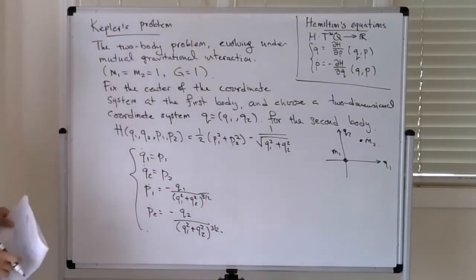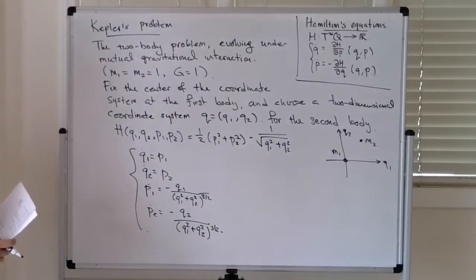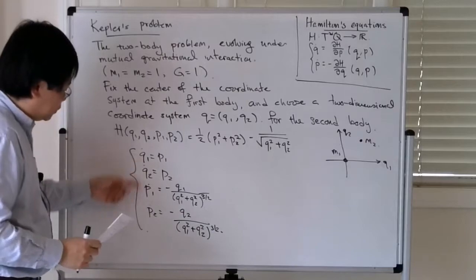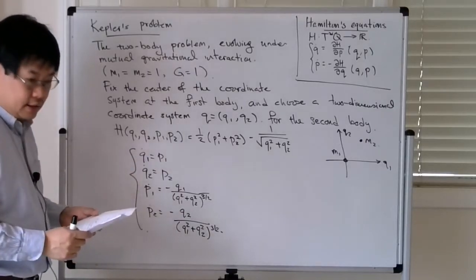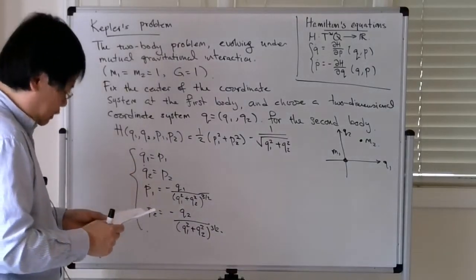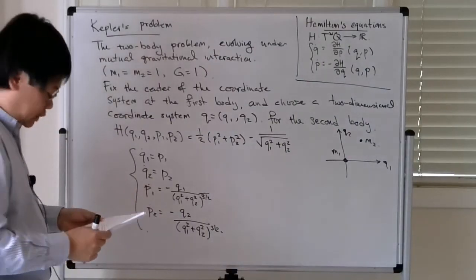All right, and as was the case with the pendulum, it's possible to eliminate the momentum variables to then write this as a system of second-order differential equations just in the position variables.